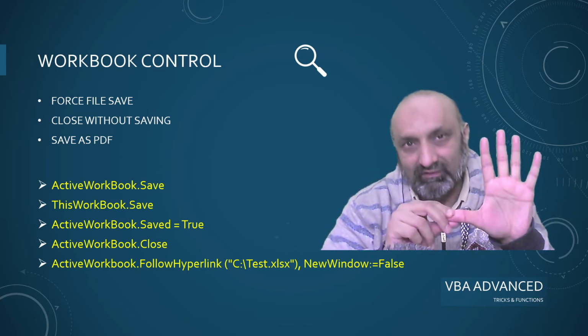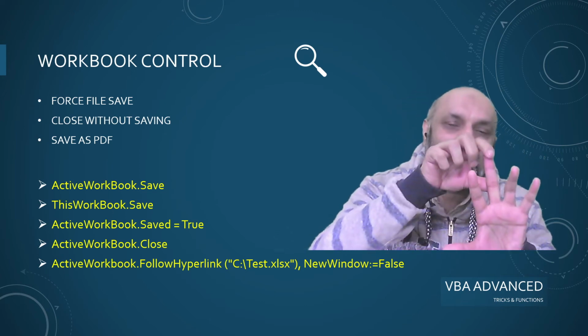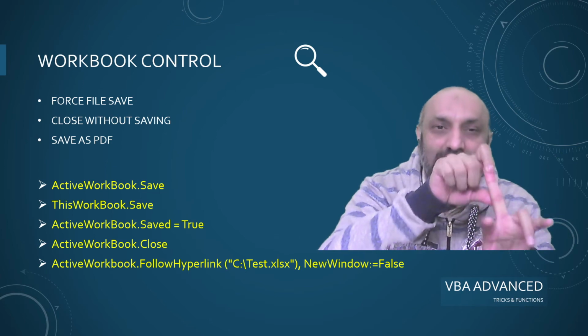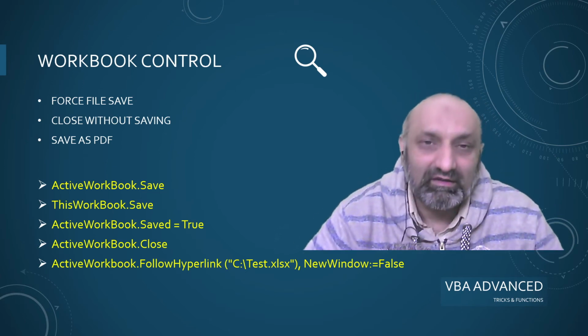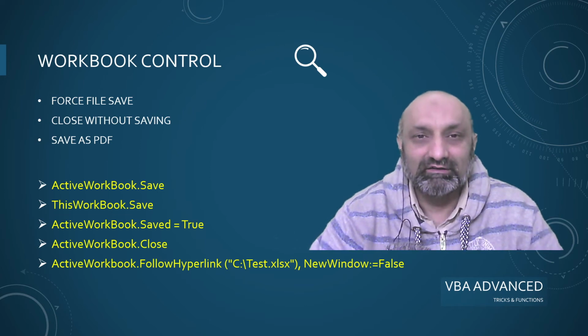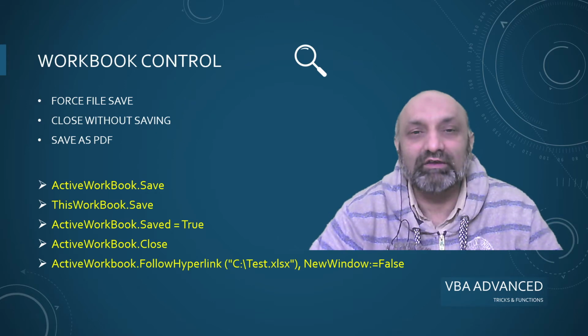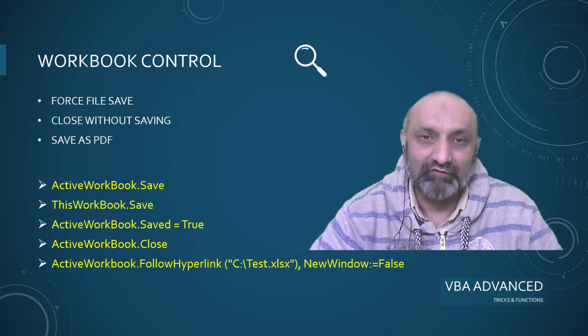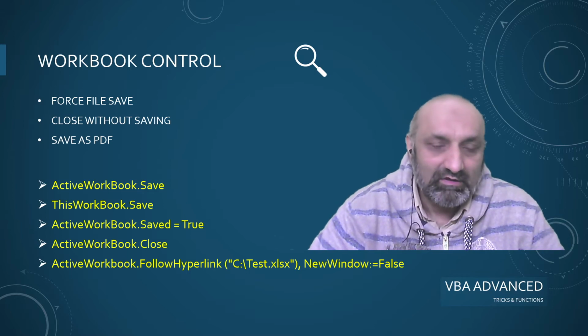So file number 1 would be ActiveWorkbook, and file number 3, the book with the code, will be ThisWorkbook. So ThisWorkbook is the Excel file which has the VBA code. This is the difference between ThisWorkbook and ActiveWorkbook. ActiveWorkbook is the workbook that is open and that I am working on, right?